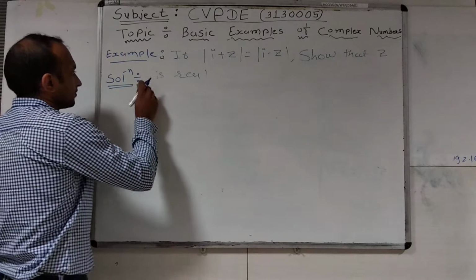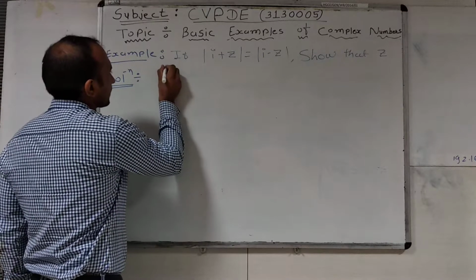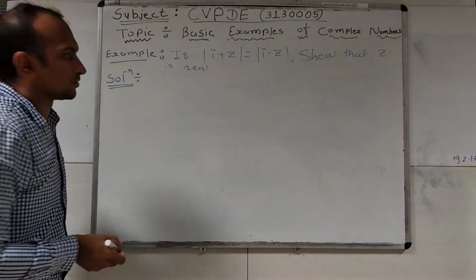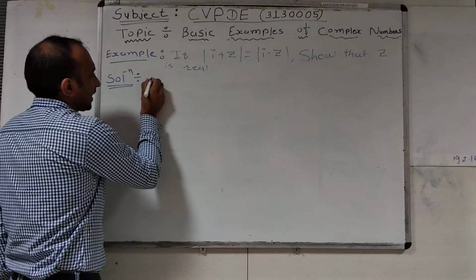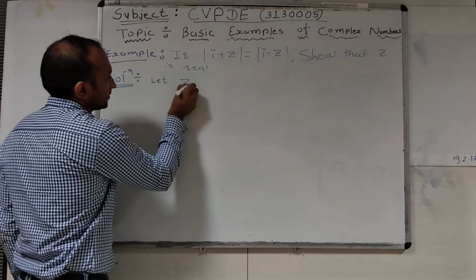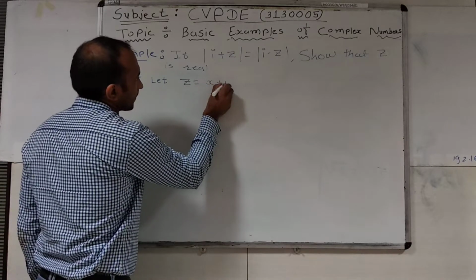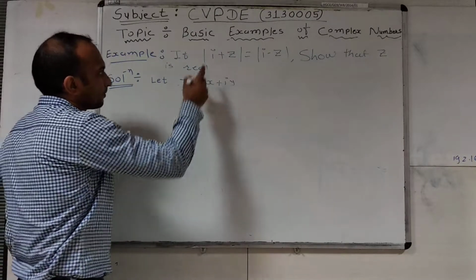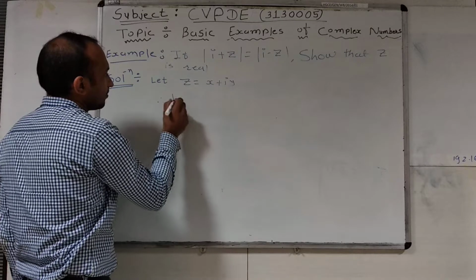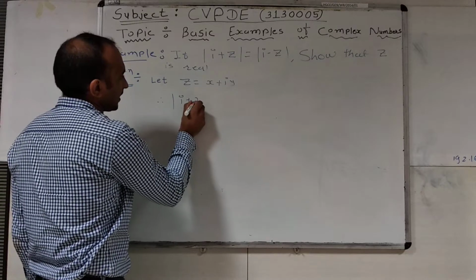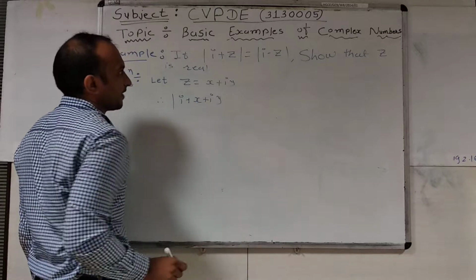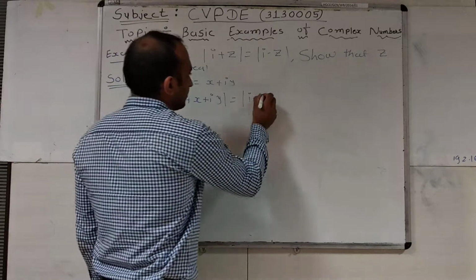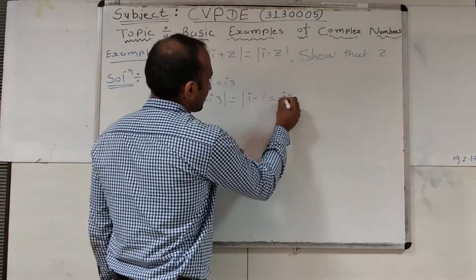Okay, so now in the solution, z is not given, so let z equal to x plus iy. Now put here, therefore mod of i plus x plus iy equals mod of i minus in bracket x minus iy.